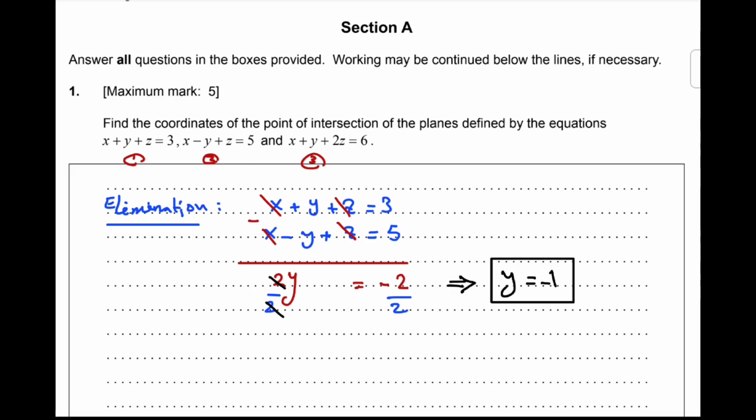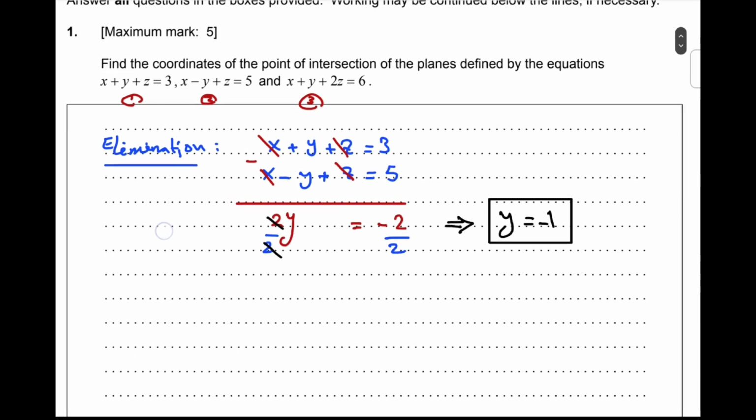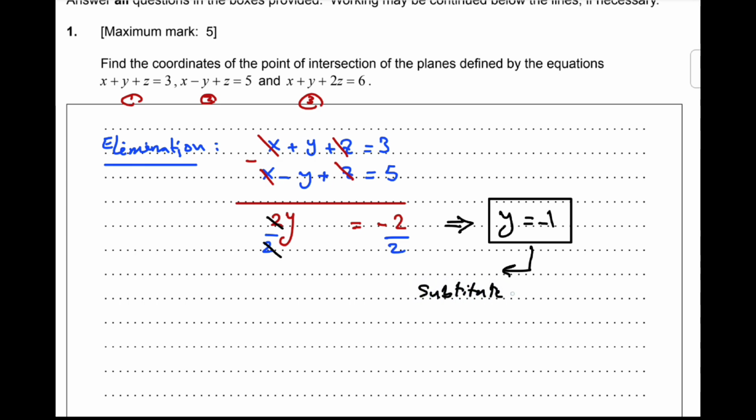Then you substitute y in any of the 3 equations.